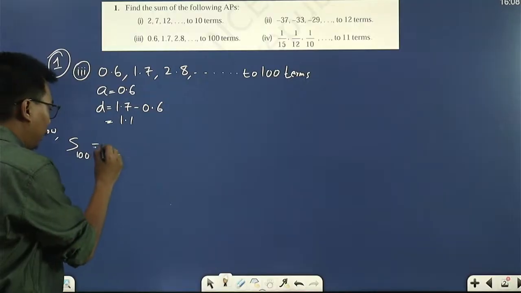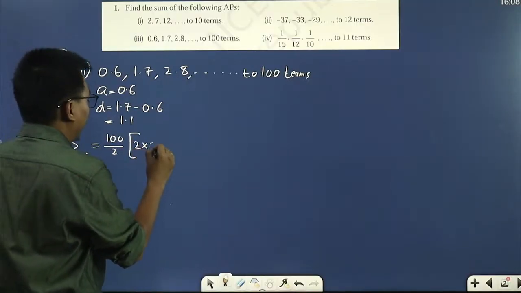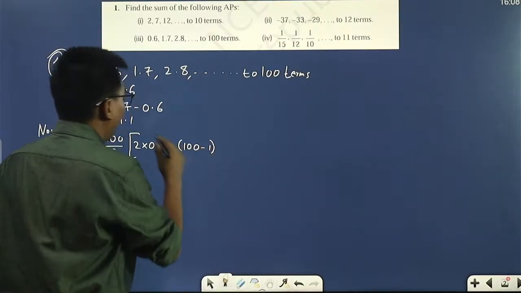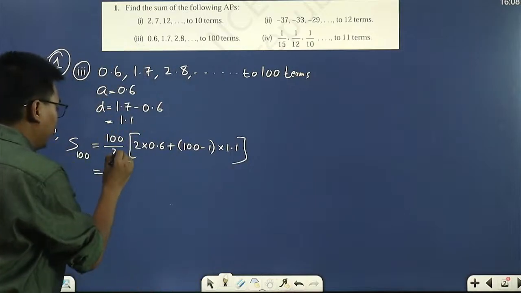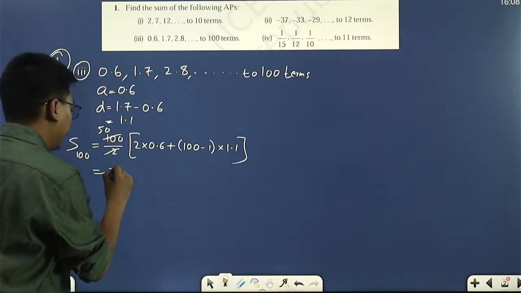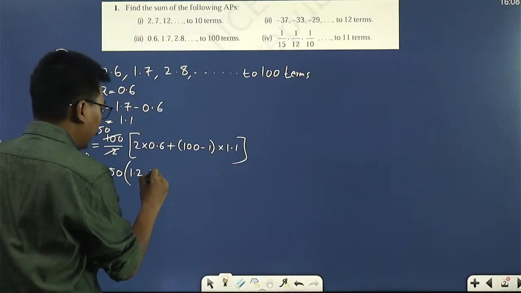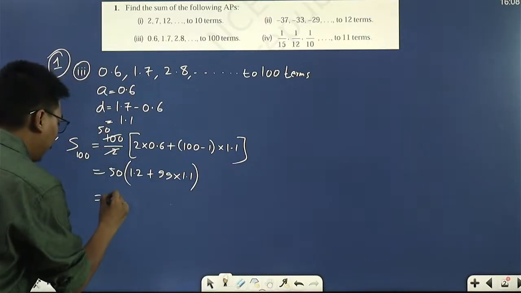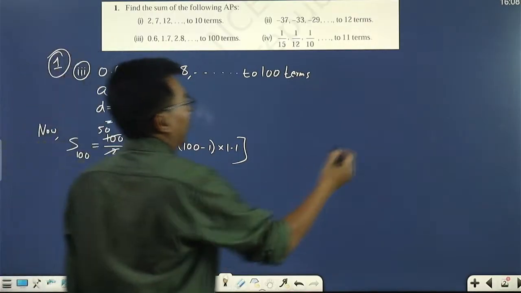So S100 is 100 divided by 2, into 2 times A, 0.6, plus 100 minus 1 times D, 1.1. This will be 50 into 1.2 plus 99 into 1.1. So 50, 1.2. Okay, let's multiply them.